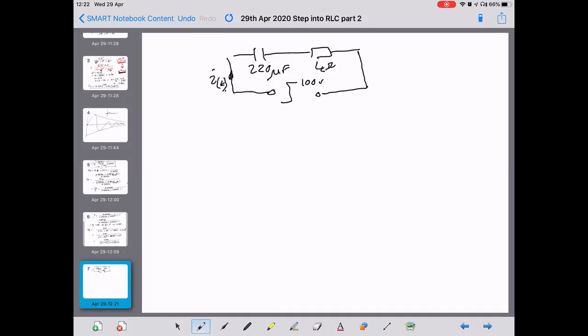Because you always start with I of S is equal to V of S over Z of S, don't you? And that's where you get the fraction of a fraction bit.